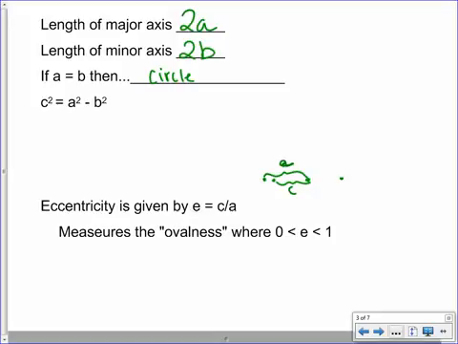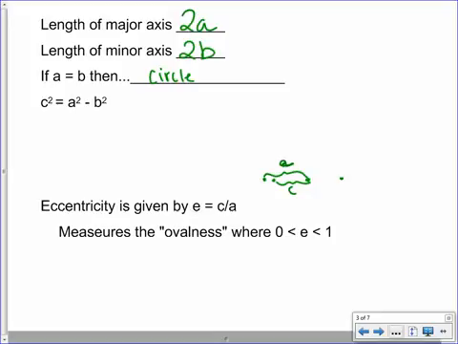Okay, do you agree that C is closer to the length of A in this example than in this example? The foci are closer to the vertices here, which means their ratio is going to be closer to 1. Our C is significantly smaller than our A here, which means our fraction is going to be a lot smaller. Okay, so the closer that we are to 0, the more circular our ellipse is.